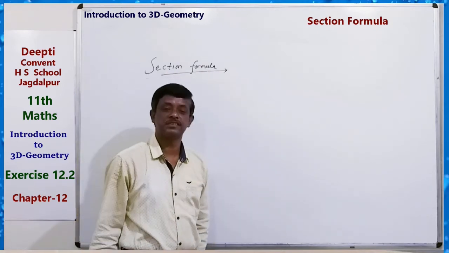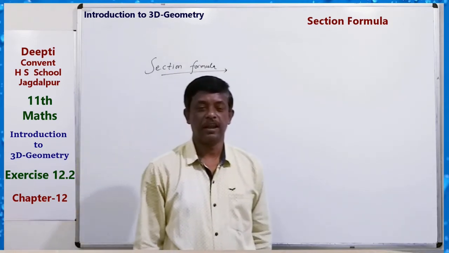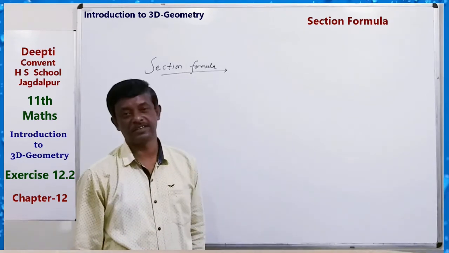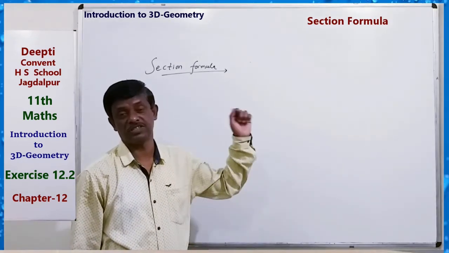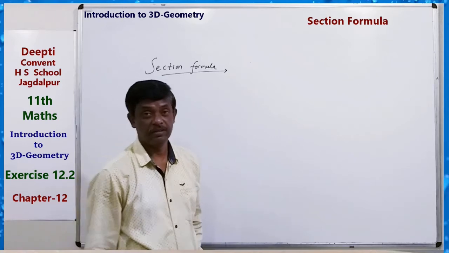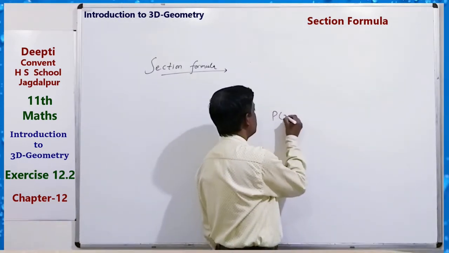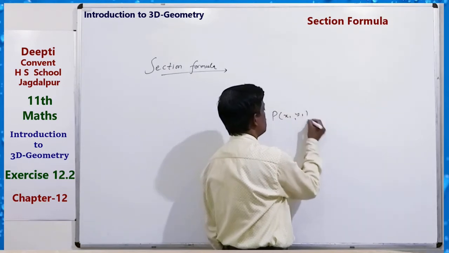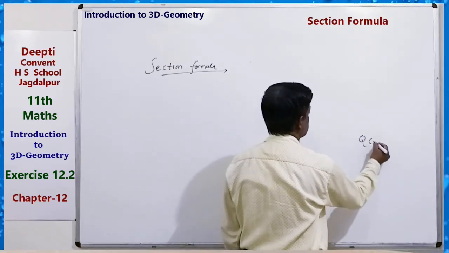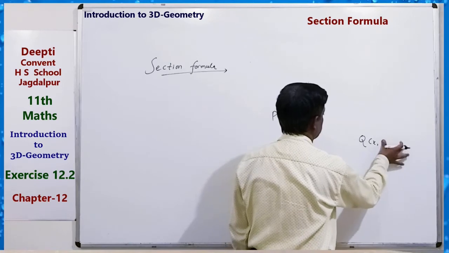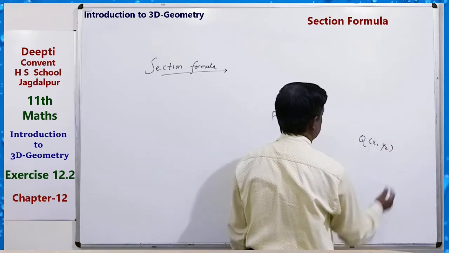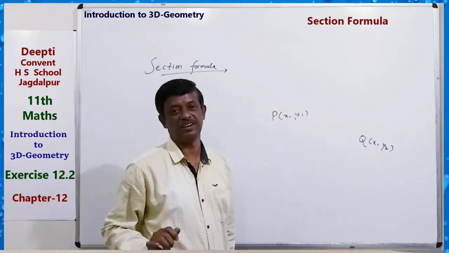In the previous class, we have seen the section formula in two dimensions. How do we use the formula? Suppose we have a point P(x1, y1) and Q(x2, y2), two points in two dimensions.